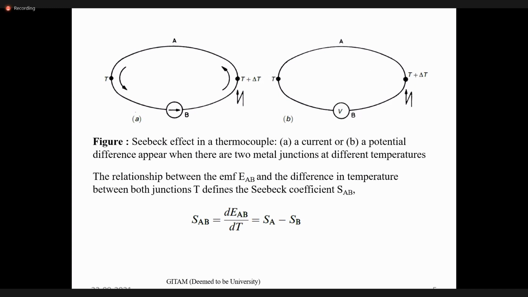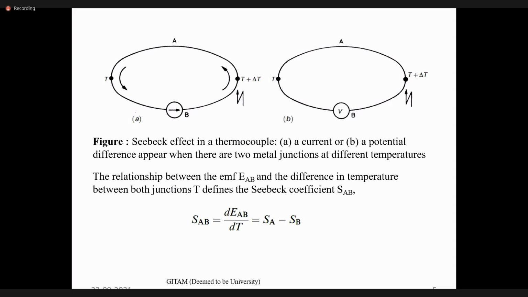The relationship between the EMF EAB and the difference in temperature between both junctions defines the Seebeck coefficient SAB.